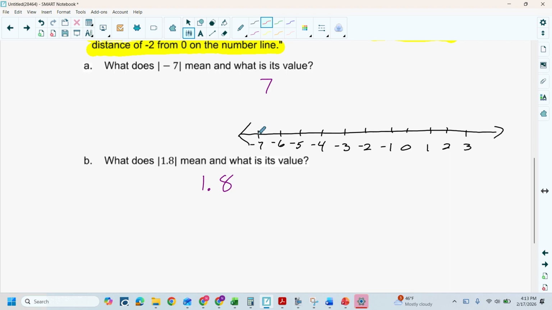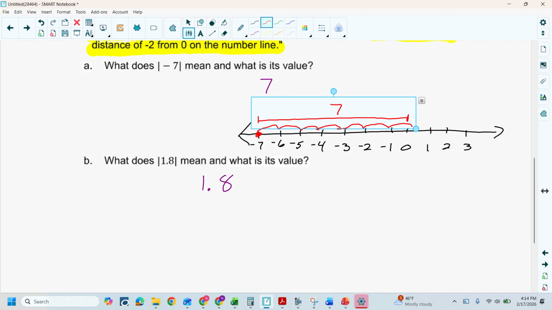And so here's -7. From here all the way to here is going to be a distance of 7, because that's 1, 2, 3, 4, 5, 7.